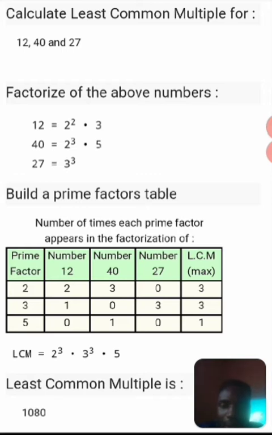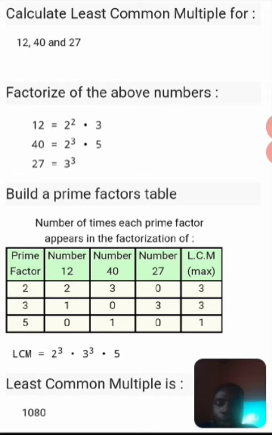Now when you take a close look at this table, these are prime factors, okay. The prime factors of 12, 40, and 27 are 2, 3, and 5. When you divided through 12 with the prime factors, you find out that 2 appeared 2 times.